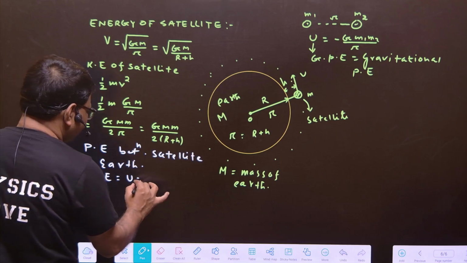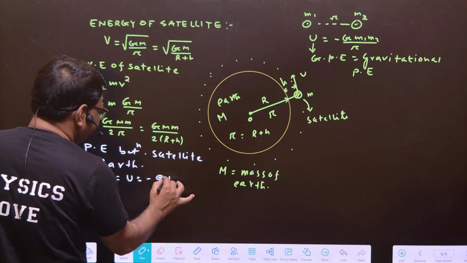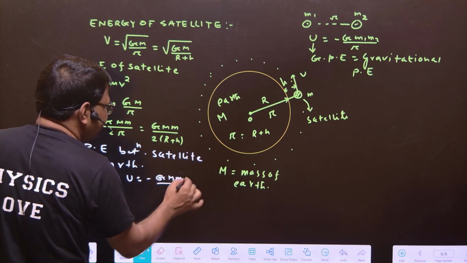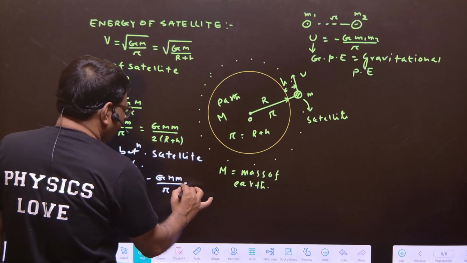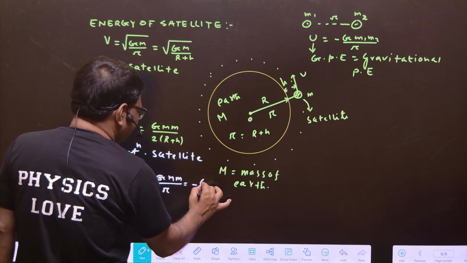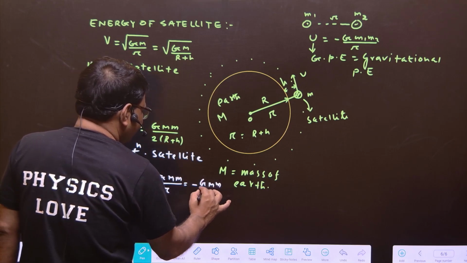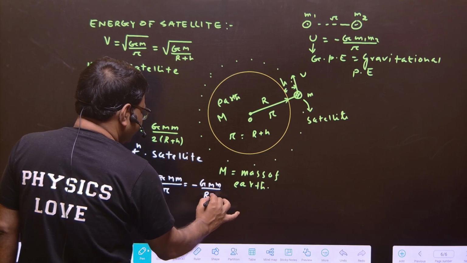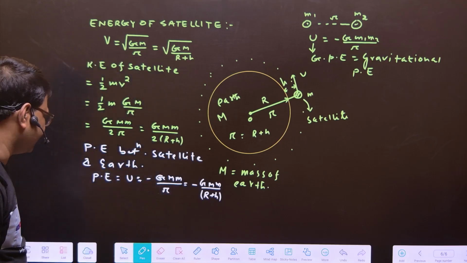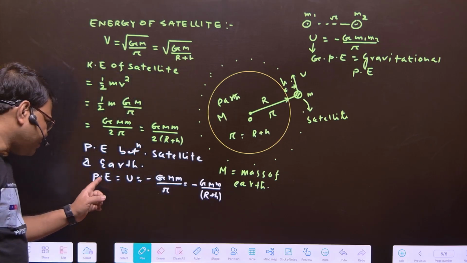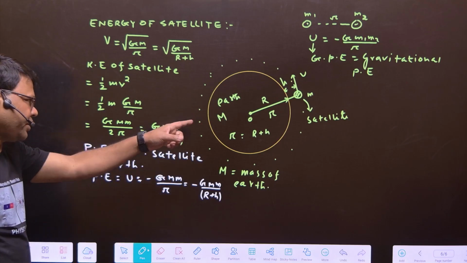Apply the formula: minus G capital M into small m, divided by the distance center to center, which I have told is small r, or we can write here minus G into M into m divided by r plus h. Gravitational potential energy is negative here. This is the potential energy of the satellite-Earth system.